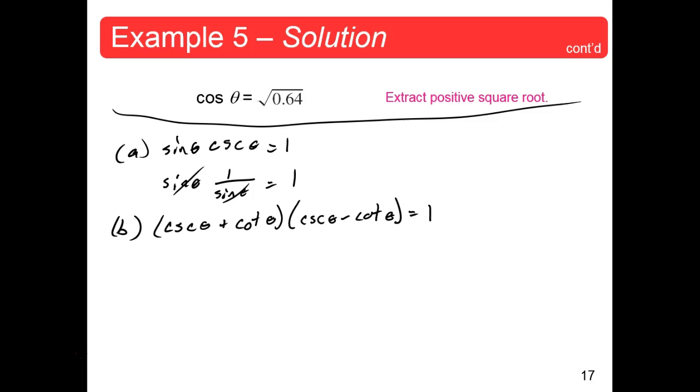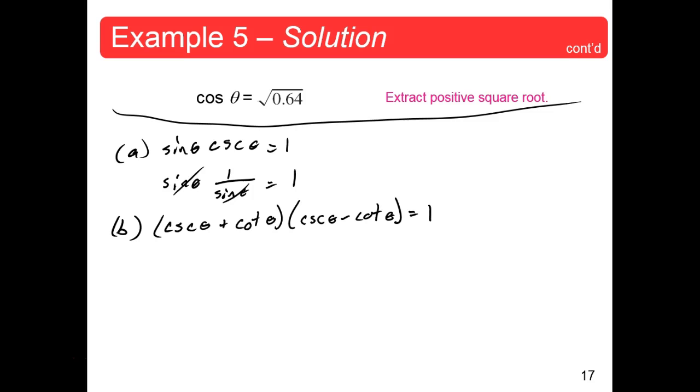Now, there are 2 ways you can proceed with this one. One way is what I just said. Change everything to sines and cosines. You're going to have a bunch of fractions here. I know you love your fractions, and they're not going to be bad, but there is another way. What's another way you could do this? Yes, why don't we FOIL it? Because this is a sum times the difference of the same two entities, which we call conjugates of each other.